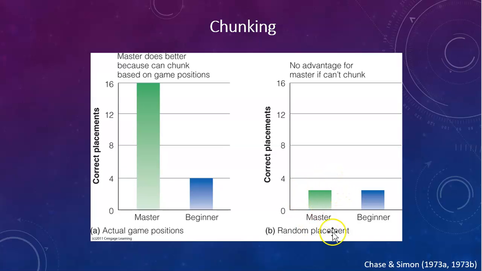So now you can see how the master and the beginner are on an equal playing field. Okay? So this is really showing the advantage of being able to use chunking. And also that as you learn something, you're going to be able to chunk things together more easily, and therefore you'll be able to learn and you'll be better at different activities.